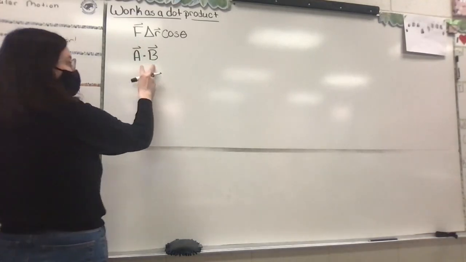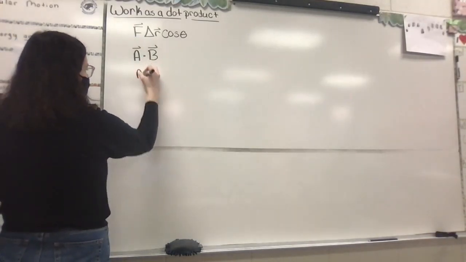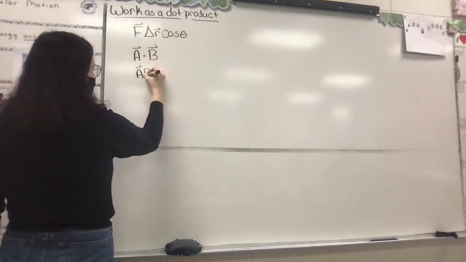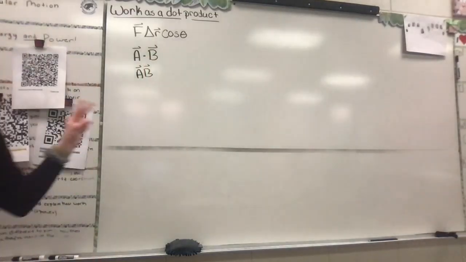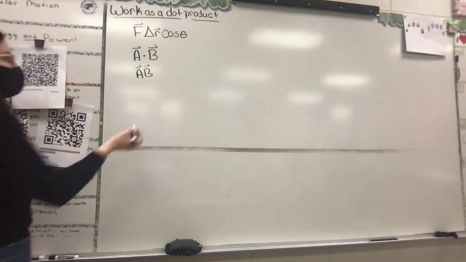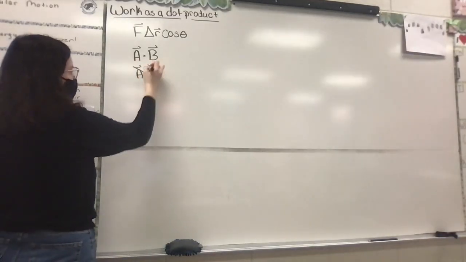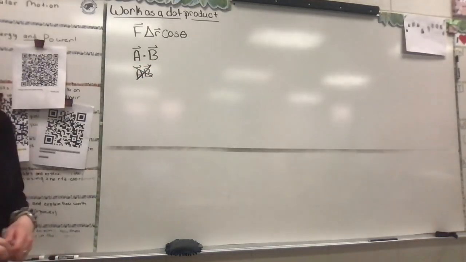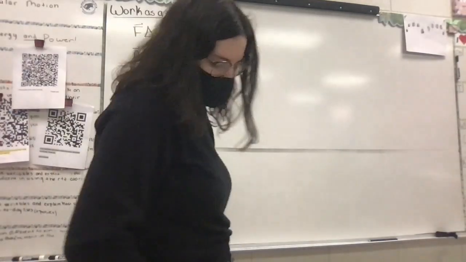Now, you have to write it this way. This and this are two completely separate things. They are not the same. You have to have that dot there. That is very, very important.